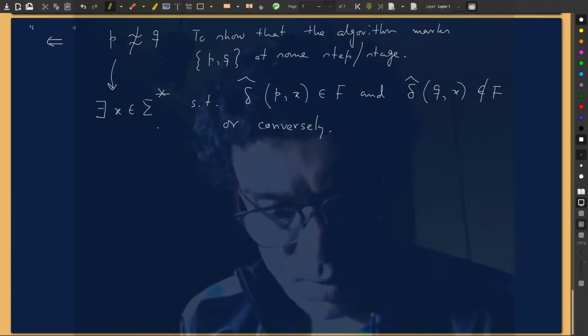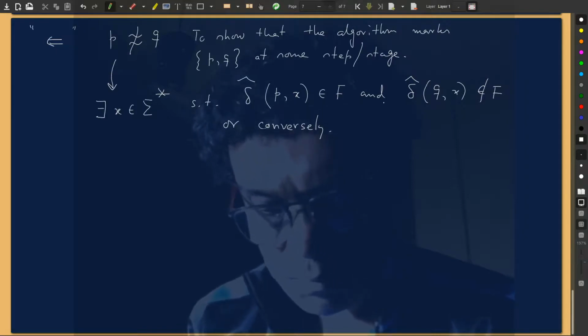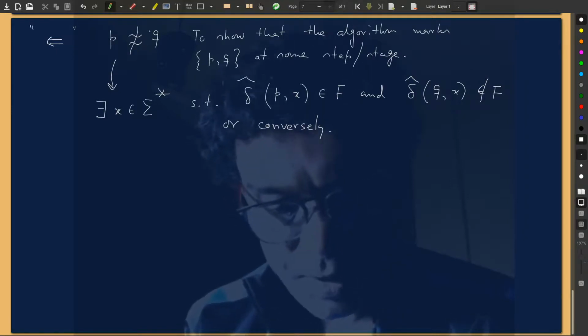So this hypothesis implies this by definition of the equivalence relation.